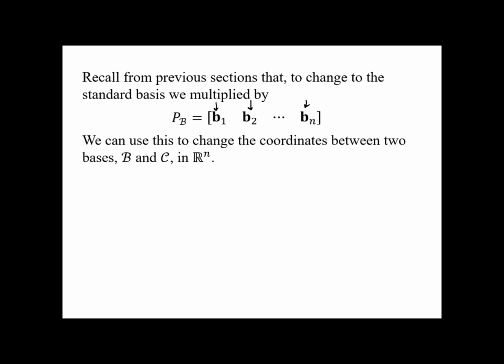Another way to think about it is this is a way of changing from B to the standard basis, using the other notation here, because B1 is just the coordinates of B1 in the standard basis.